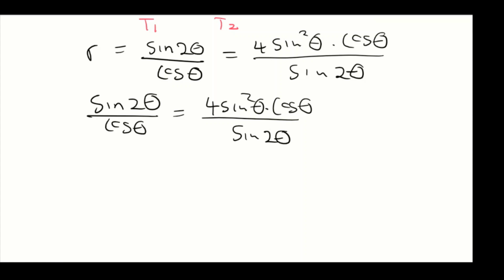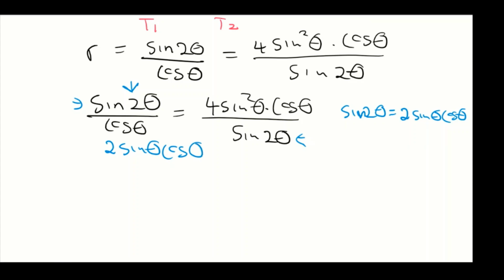So what you need to note here is your double angles. So this one here, your sine of 2 theta, if you remember your trick, you know it's equals to 2 sine theta cos theta. And same applies to this one here. So what you're going to do, you're going to replace it with that. So this sine of 2 theta is actually 2 sine theta cos theta.